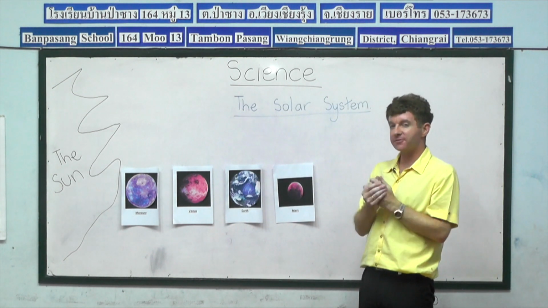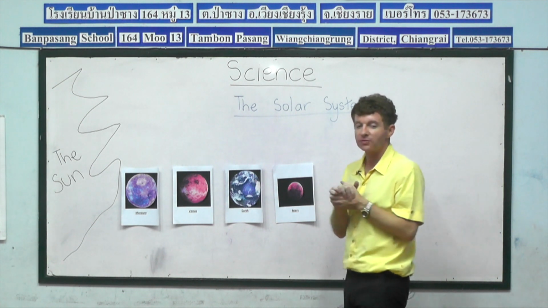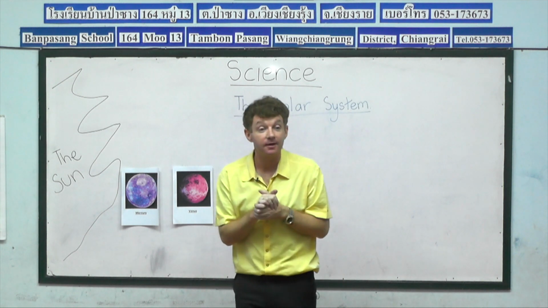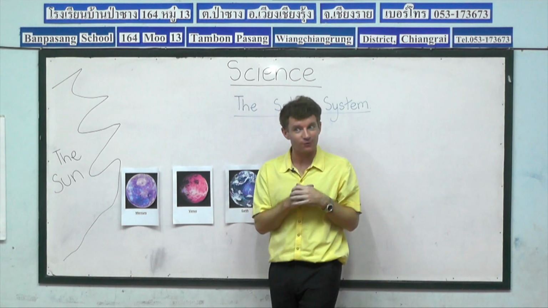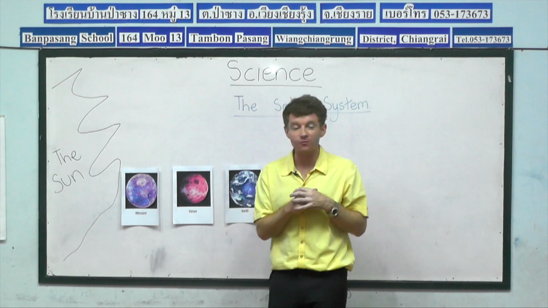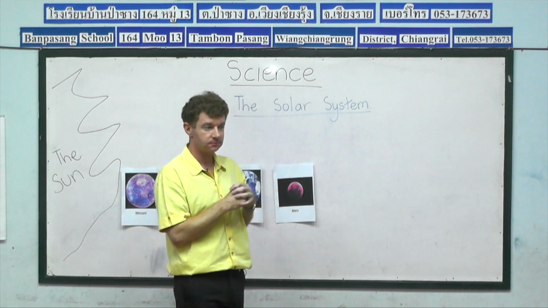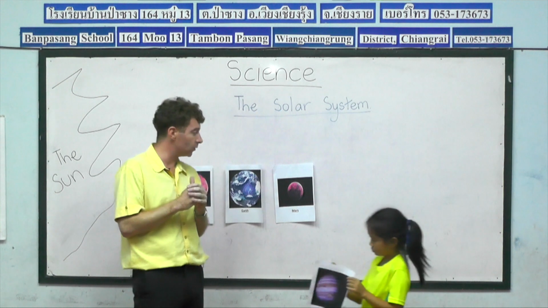So 4 planets gone and 4 planets remaining. Who thinks they know what the next planet might be? Any guesses? Jupiter. Yes, Jupiter's correct. Who has Jupiter, guys? I think Prel has Jupiter. Jupiter, remember, is the planet with the little eye on the front.